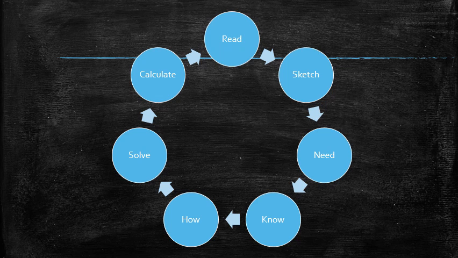If we know formulas or equations, we write them down. Then solve this equation to find the unknown, calculate the values, and of course we have to check the units.